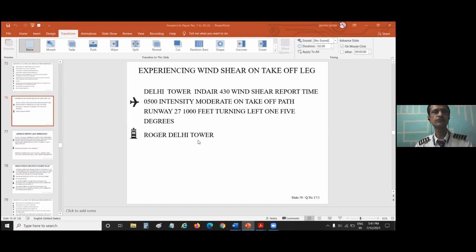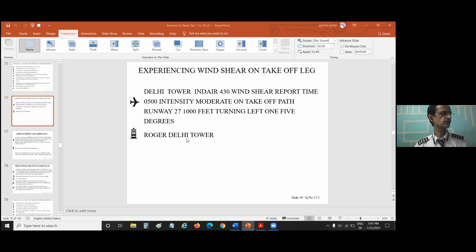It's a meteorological phenomenon. Nobody can do anything. He will just copy the wind shear report and maybe update it on the DATIS, so that other pilots landing into Delhi or taking off from Delhi will keep in mind that somebody has experienced wind shear, and will be cautious during their takeoff.